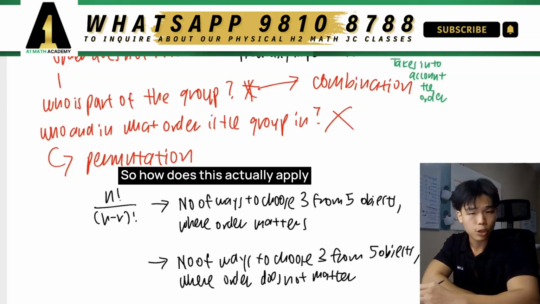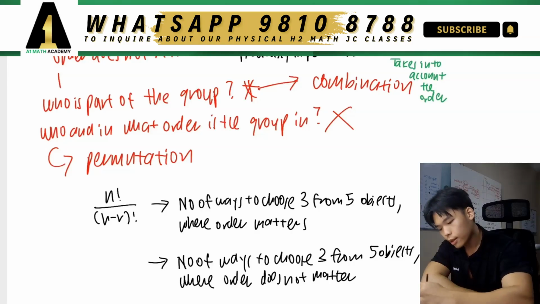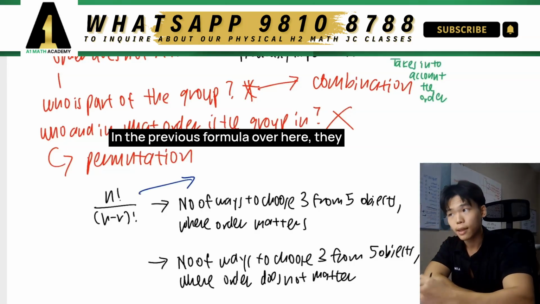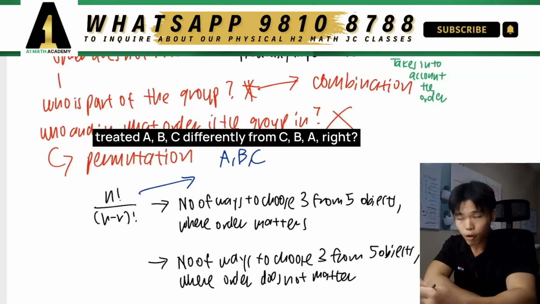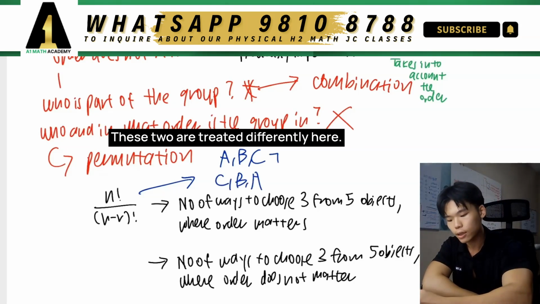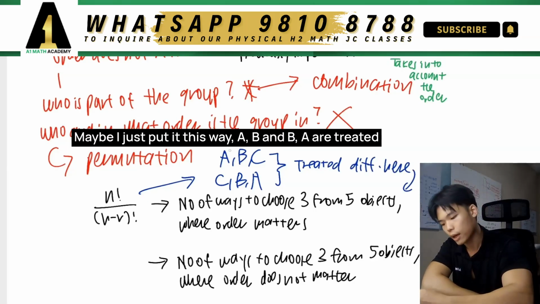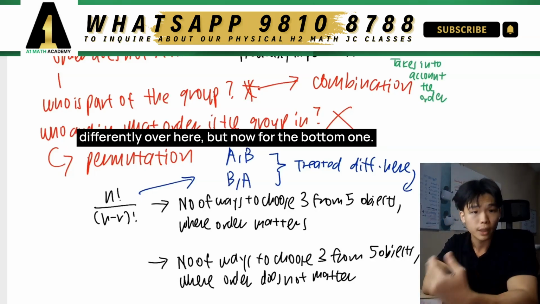So how does this actually apply for us, practically? In the previous formula over here, they treated A, B, C differently from C, B, A. Maybe I just put it this way: AB and BA are treated differently over here.